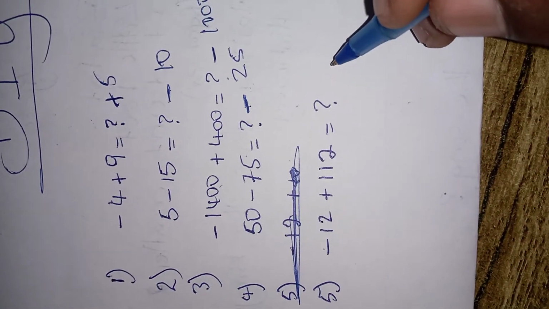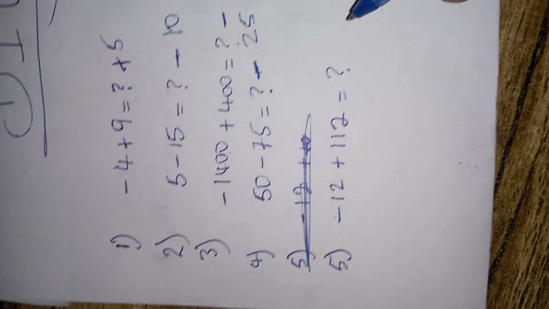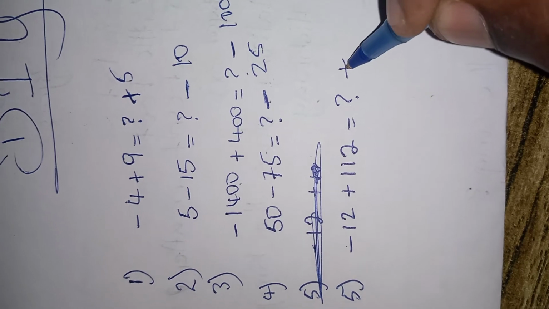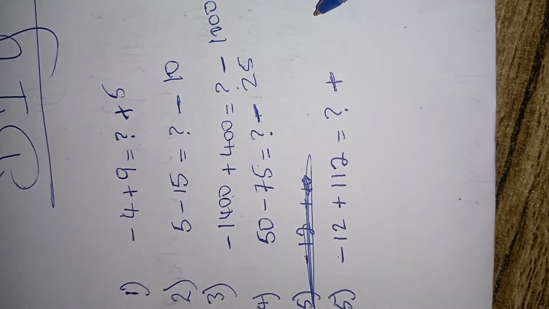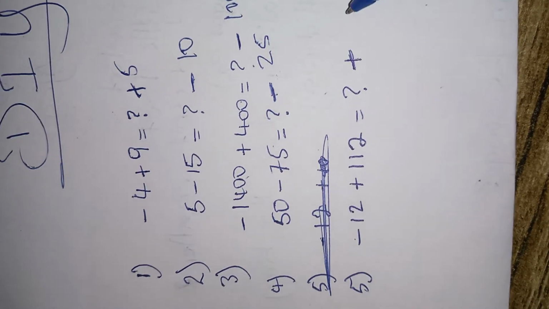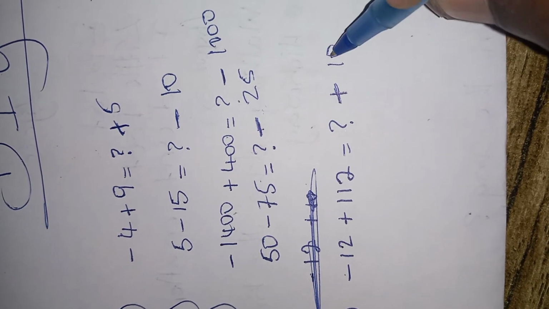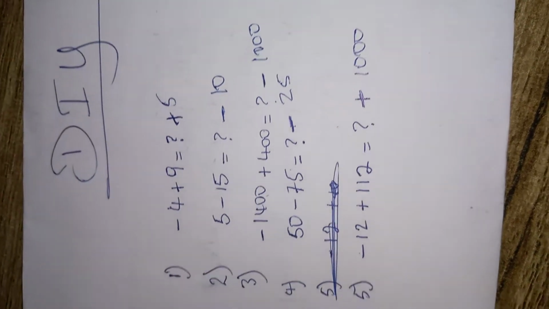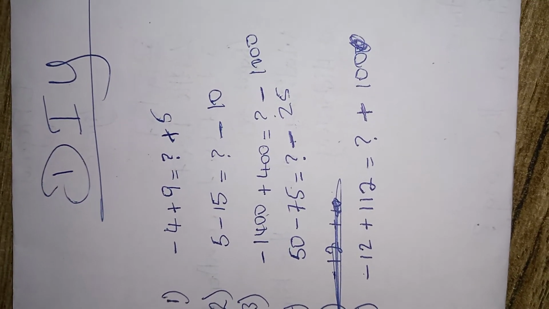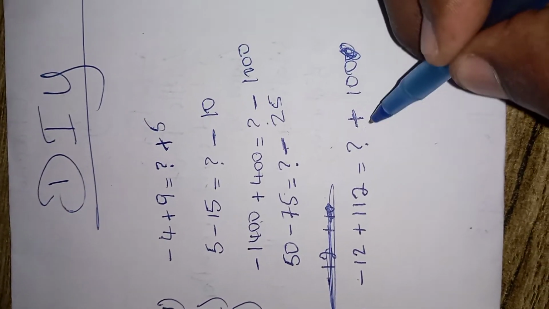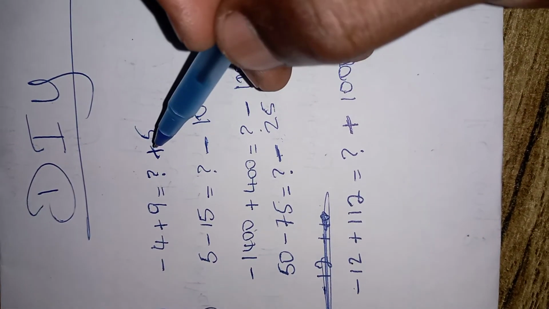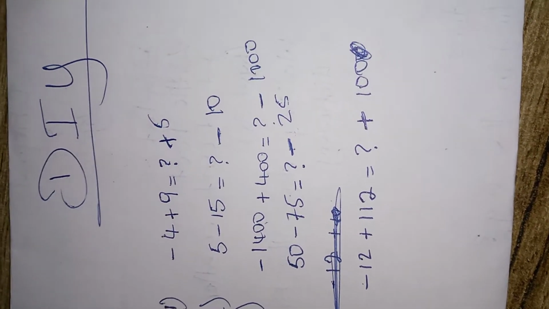From this, I don't have to explain how you get the answer right away. All of us are supposed to know by now how to get the answer according to the song. So that's 100, and as I said, you don't have to put this sign. Okay? So that is it.